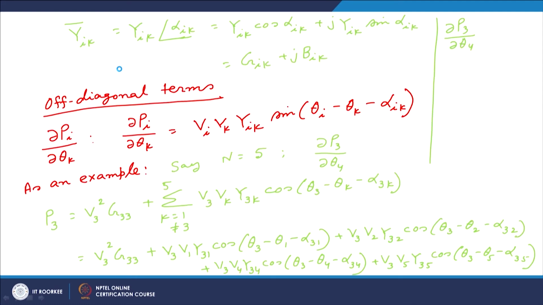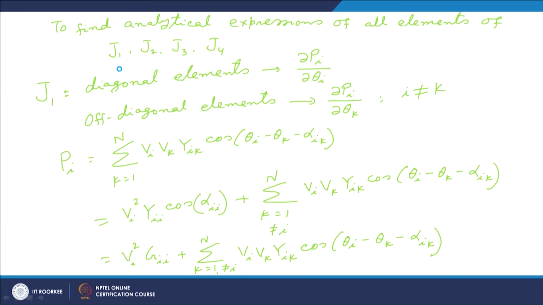Let us look into the diagonal terms. This diagonal term is delta Pi by delta theta i. Now, if we look at this expression, only in the first term there is no theta i, so the partial derivative of this term with respect to theta would be 0, but in all the other terms this quantity theta i exists.